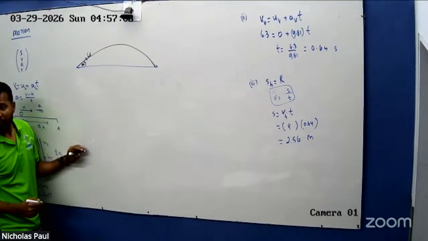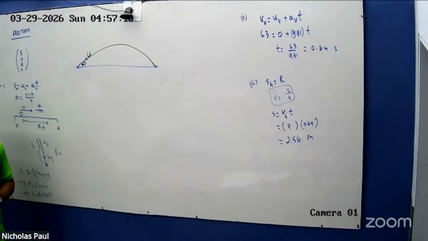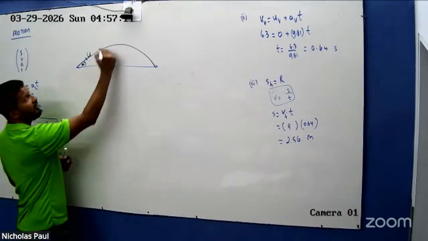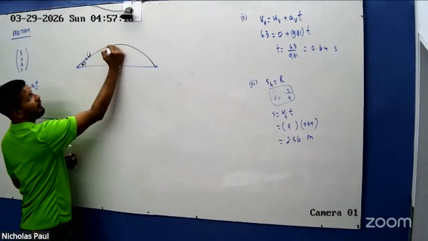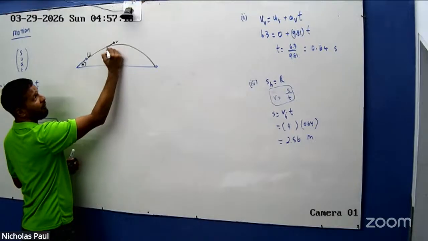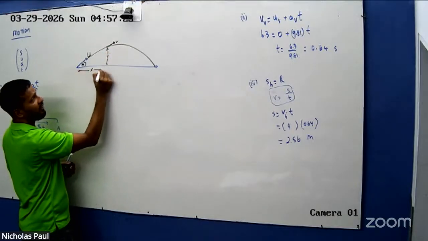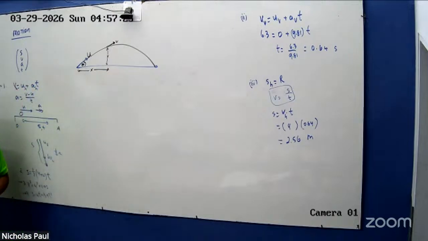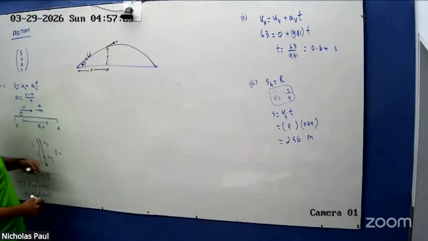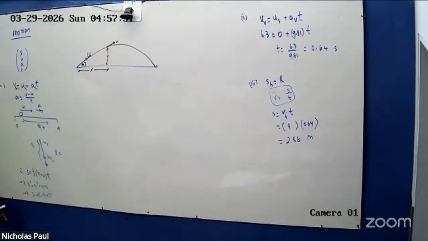Sometimes you have to prove that the path is parabolic. Sometimes you have to find the velocity here, the vertical displacement, or the horizontal displacement. To find any one of those, you use these equations of motion.